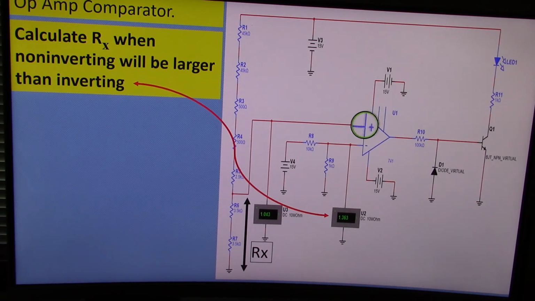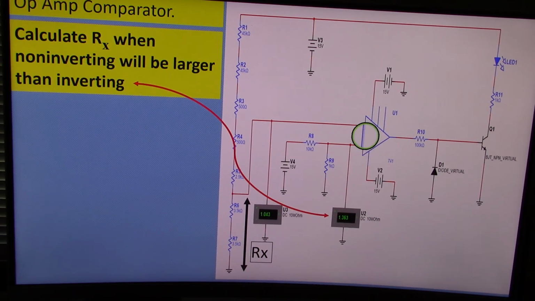So what that means is, when the non-inverting input is bigger than the inverting input, this LED comes on. If this is, let's say, 1 volt, or 0.5 volts, or connected to ground, or 0, then this number is bigger than this number here.